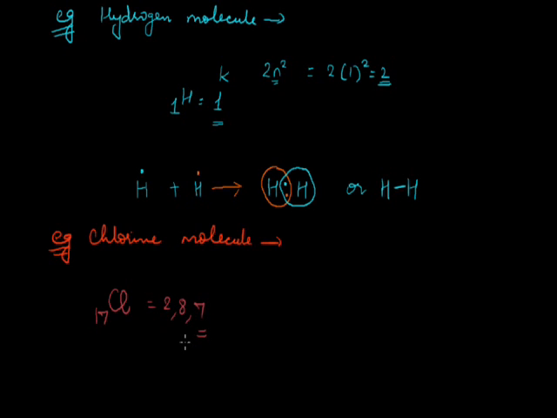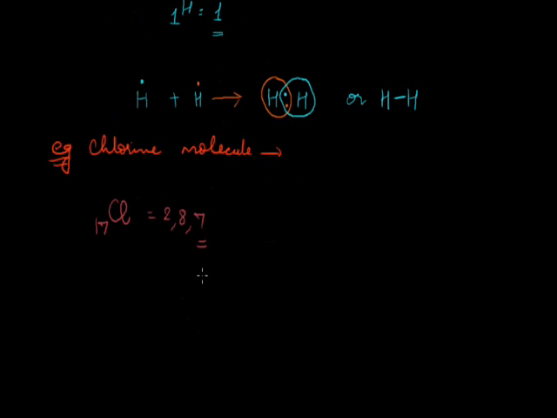It has 7 valence electrons. In order to complete its octet, it requires 1 more electron, right? So this is one chlorine atom, it has 1, 2, 3, 4, 5, 6 and 7 valence electrons.